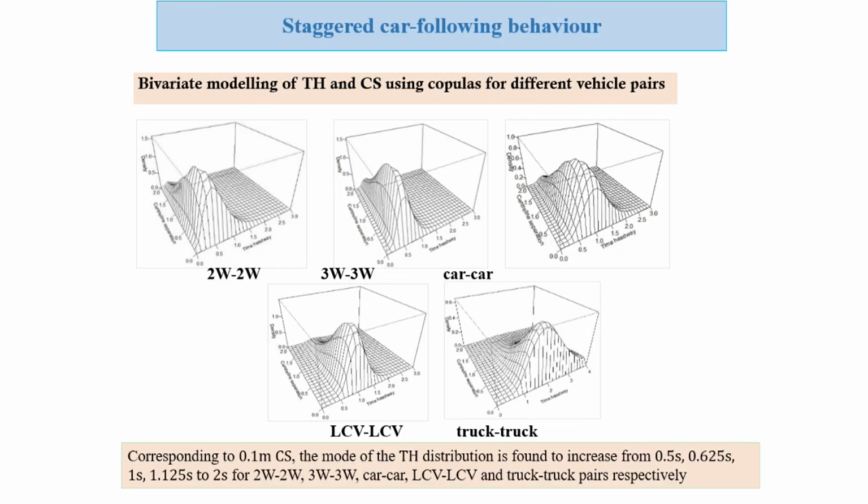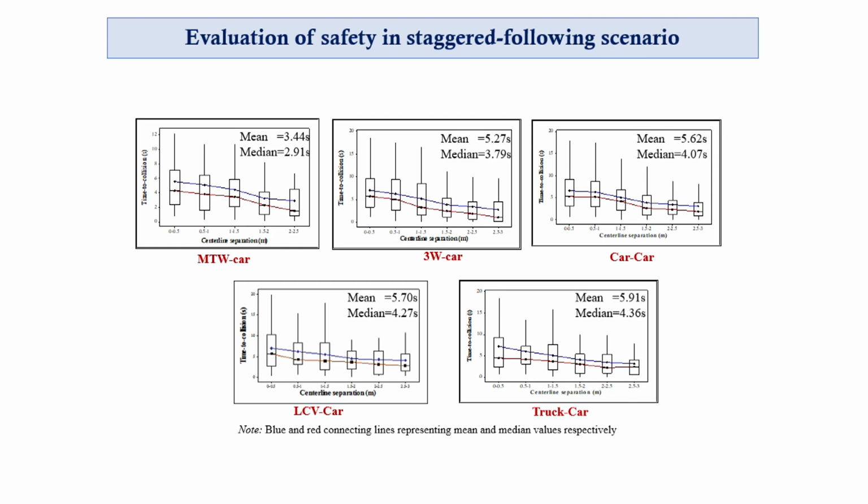All sorts of modeling can be done based on the lateral or center line separation and the time headway, and how it is distributed across different vehicle pairs. If a big vehicle is in front, the time headway will be different; if a smaller vehicle comes, it will be different. All of these are part of research that you can figure out.